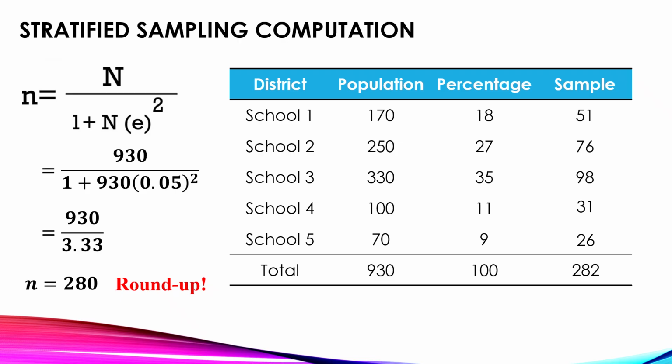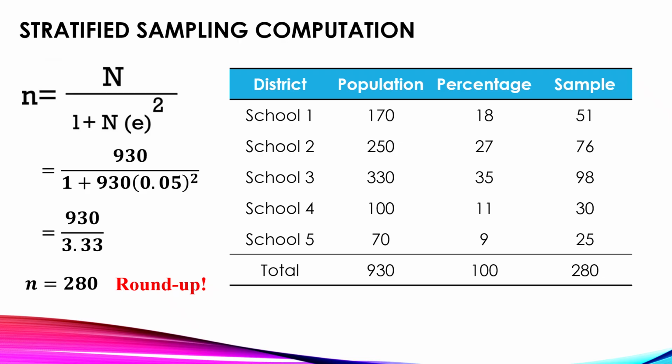So you have to distribute it from other schools. Since it's only two extras, you can just select two schools. So I just select school 4 and school 5 to make both subtracted by 1, so that the total will remain 280.